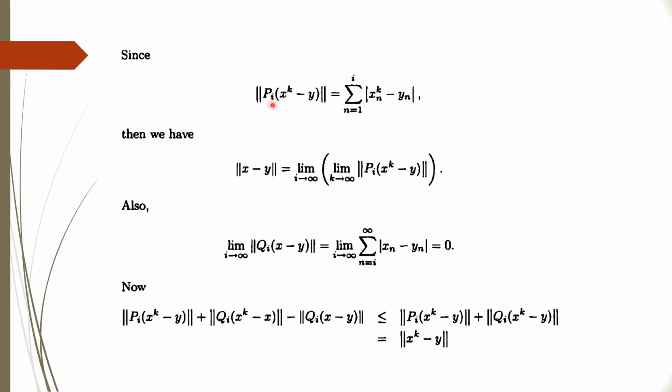Now since the norm of pi xk minus y is basically the mod of xk minus y, and here our n is varying from 1 to I, because it is pi, rest all are zeros, right?